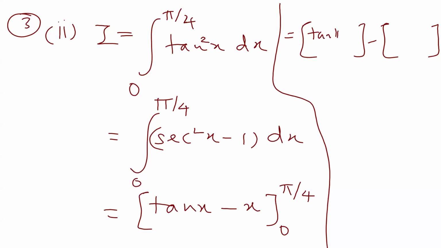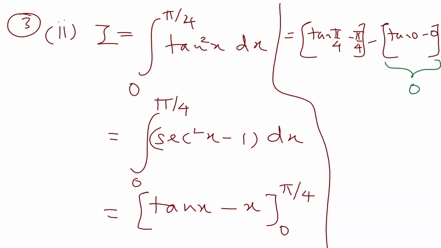Tan pi by 4 minus pi by 4, minus tan 0 minus 0. What is the value of the second bracket? The value of the second bracket is 0.